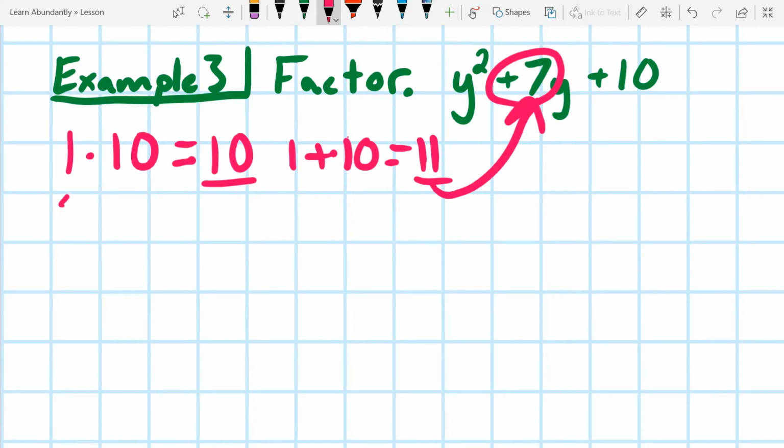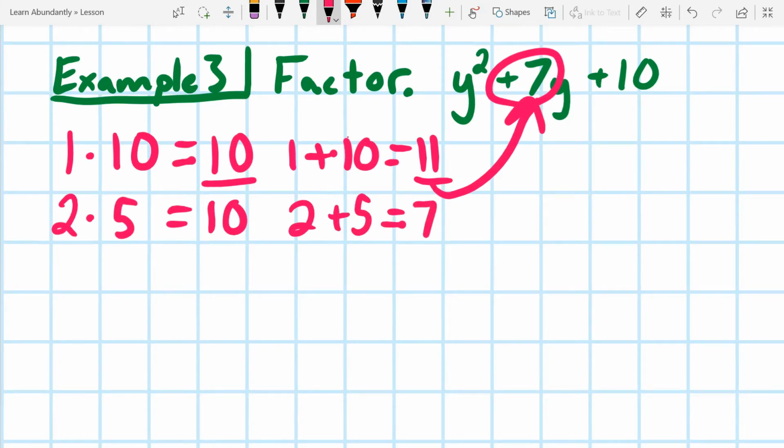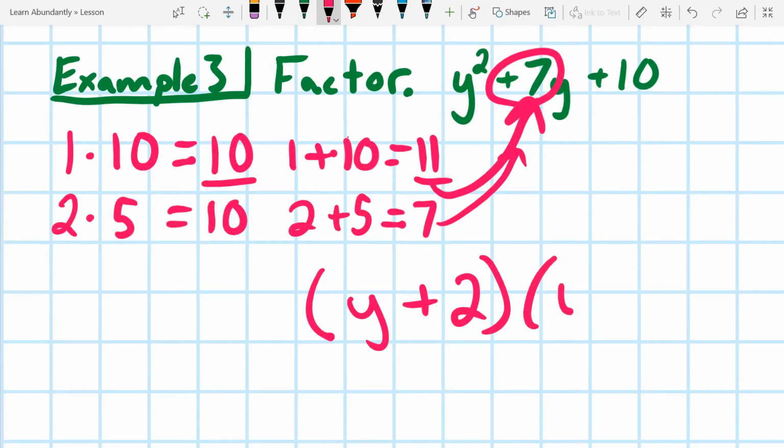So let's try 2 times 5 equals 10. Well, 2 plus 5 equals 7. And guess what? That's exactly what we want. So what 2 numbers did we have that multiplied to give us 10 and added to give us 7? And in this case, those 2 numbers are 2 and 5. Y plus 2 and y plus 5.